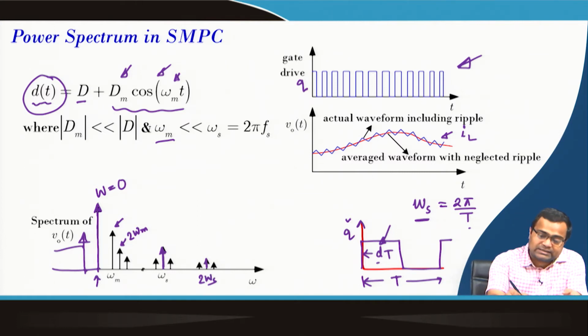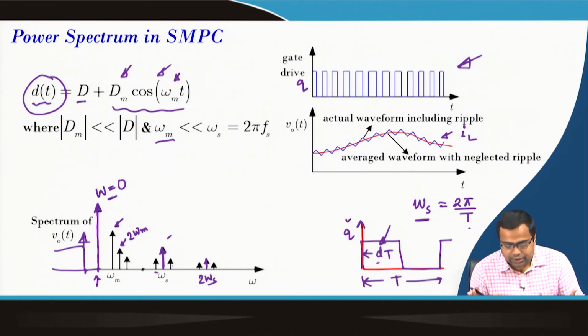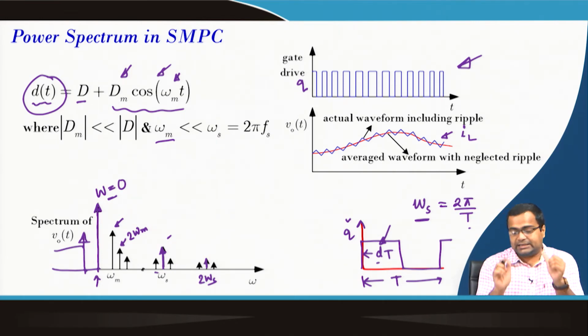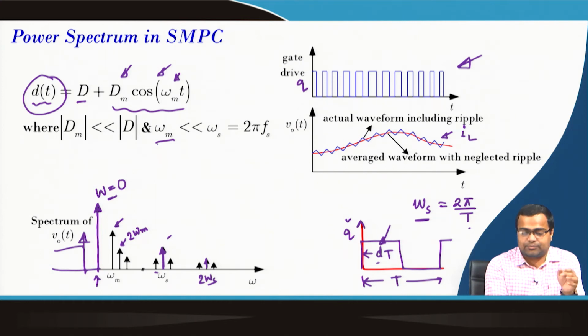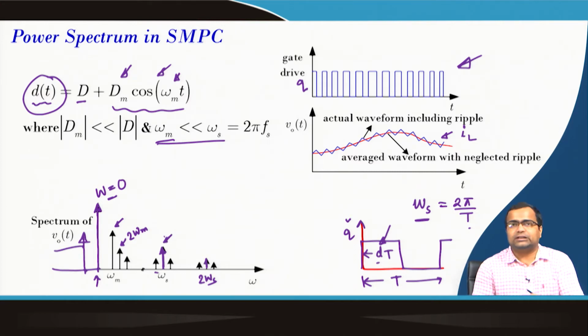But since we are also injecting another low frequency excitation, on top of the DC component, switching frequency and harmonics, we will also have side lobes created by the modulating frequency. Now, if omega m is much smaller than omega s, as we have considered, then these side lobes are almost close to the corresponding switching frequency component.